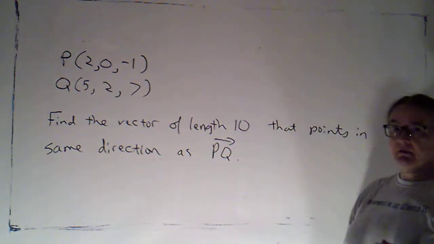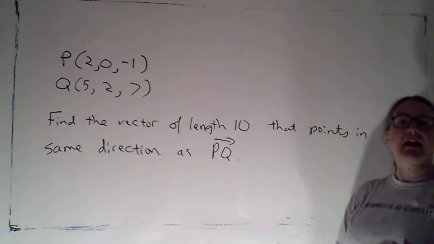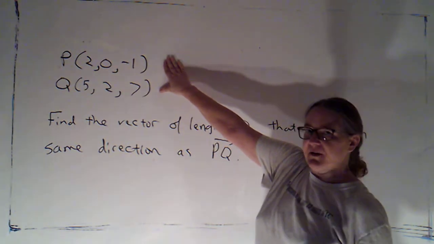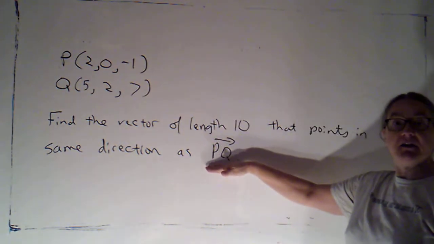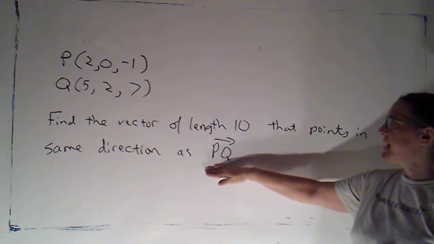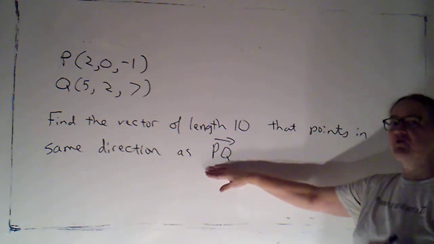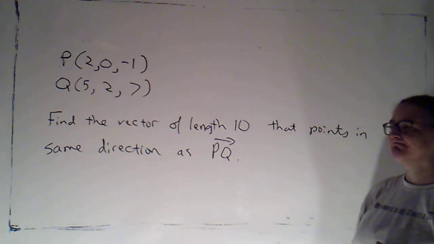So I'm not looking for a unit vector. I'm looking for a vector of length 10. The direction is going to be determined by the direction of PQ. I'm going to suggest that you pause the video, see if you can figure this out, and then tune back in and we'll work through it together.